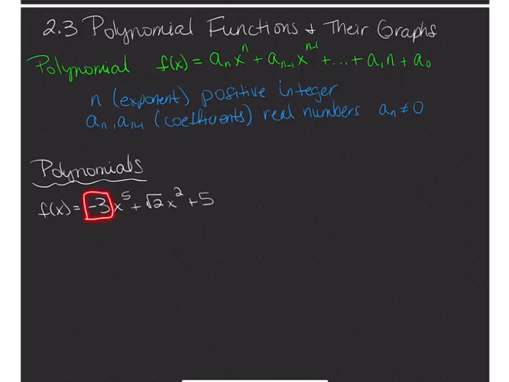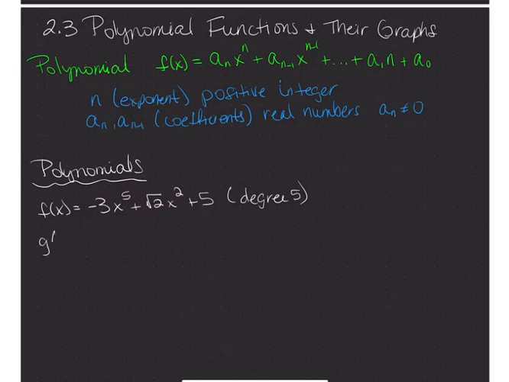So is negative 3 a real number? Yes. Is the square root of 2 a real number? It certainly is. Is 5 a real number? Yes, it is. And we could even say that this is a 5th degree polynomial. So it's got a degree of 5, right?